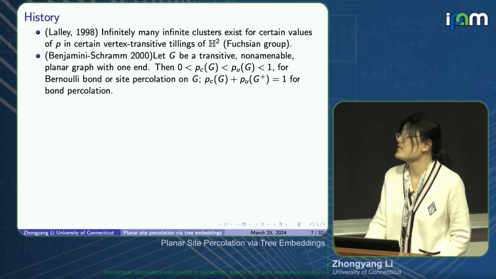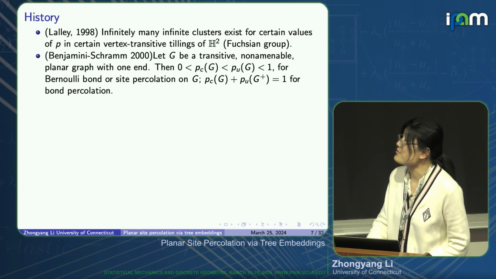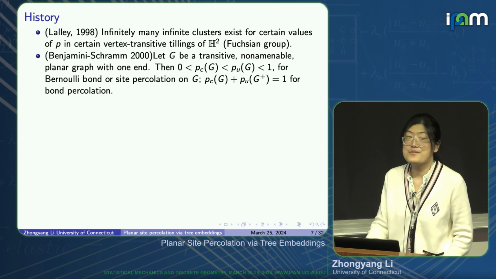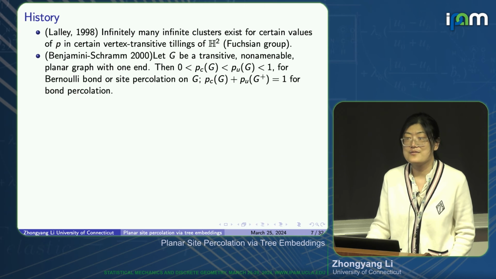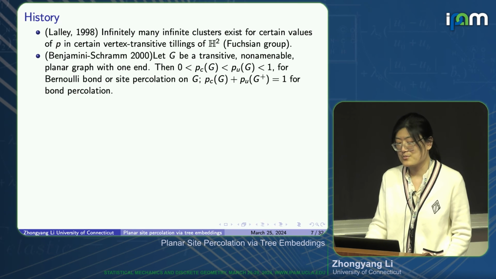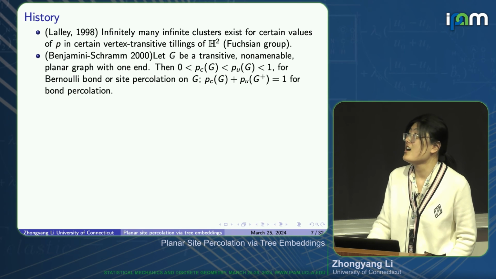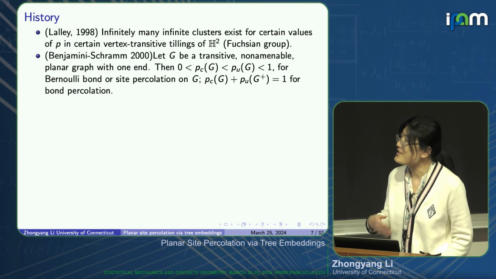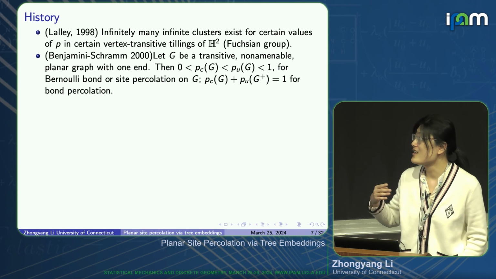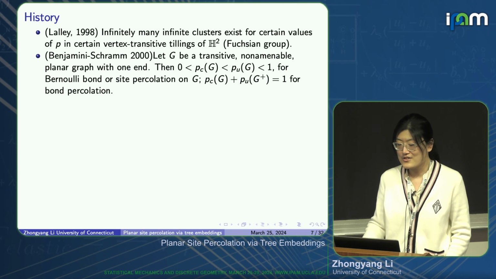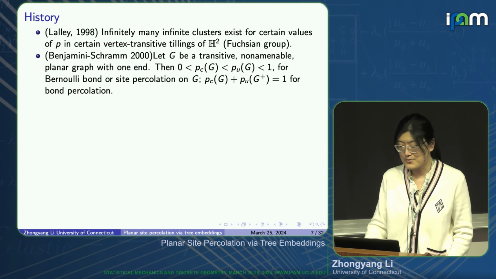And if G plus is the dual graph of G, the planar dual graph, that means each vertex of G plus corresponds to a face of G, and two vertices in G plus are joined by an edge if and only if the corresponding faces share an edge, they show that PC of G plus PU of G dual graph is equal to 1 for bond percolation.